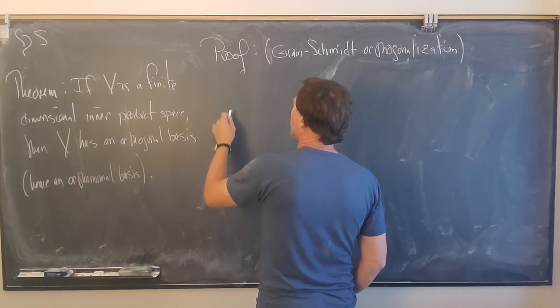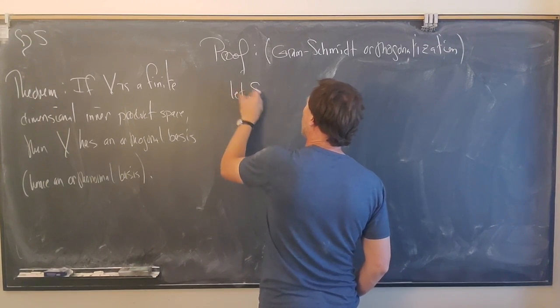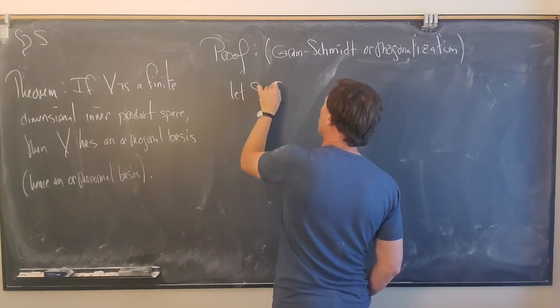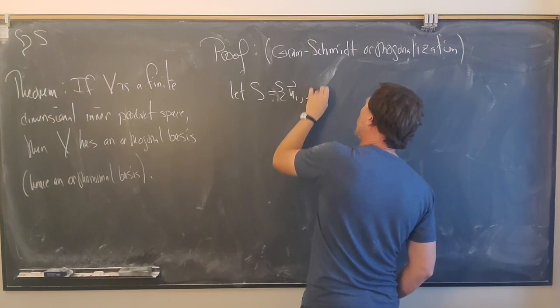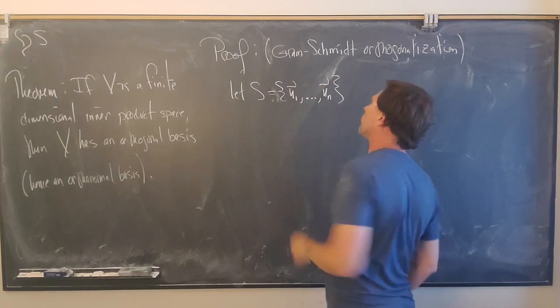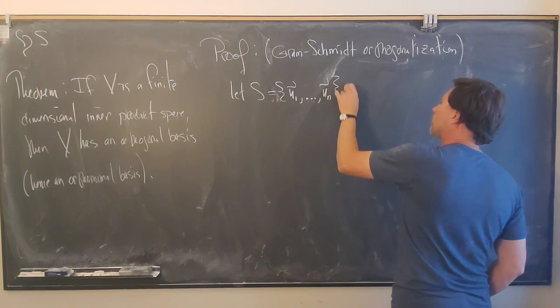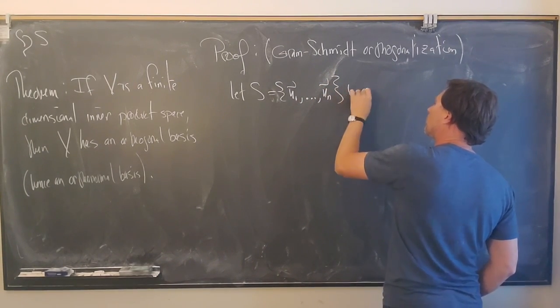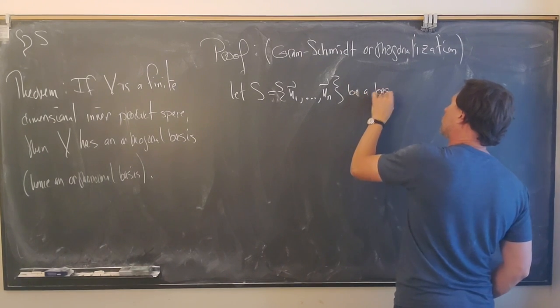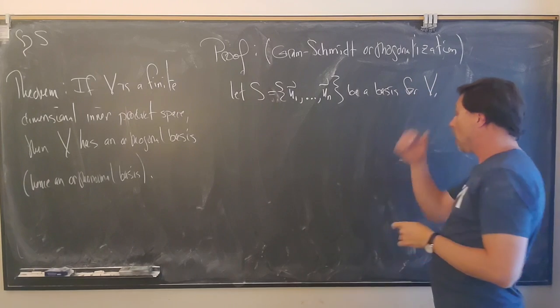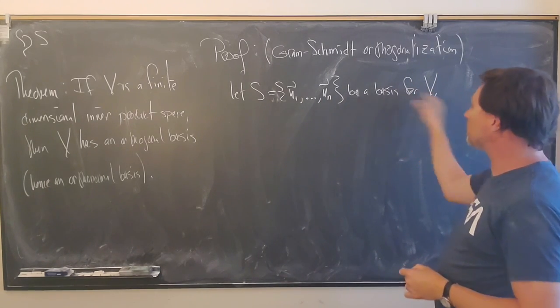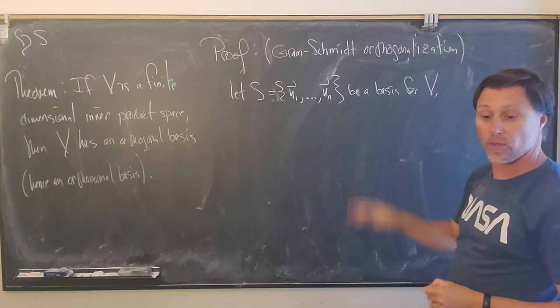So it goes like this. Let S equal u1 up through u sub n be a basis for capital V. What we're going to do is use this basis to build an orthogonal basis.